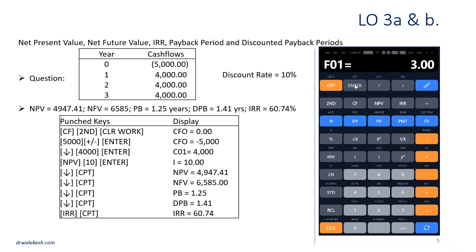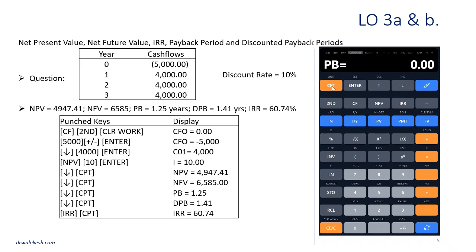So the next step is now for me to press NPV. So the interest rate is 10. That's 1, 0, then enter. So I can simply press arrow down and compute so that I have my NPV computed. Then press arrow down again, compute so that I have my net future value computed.